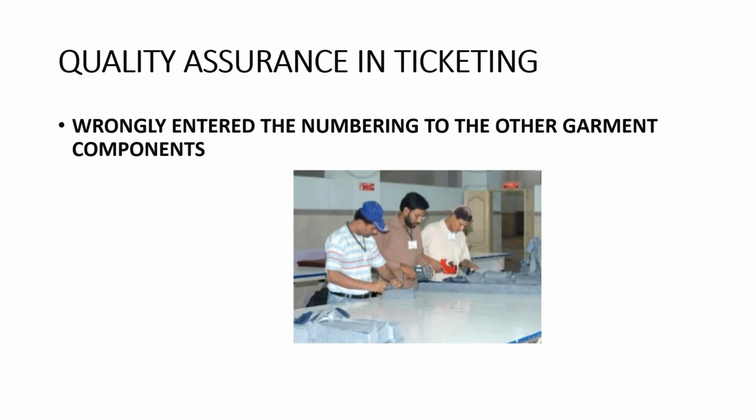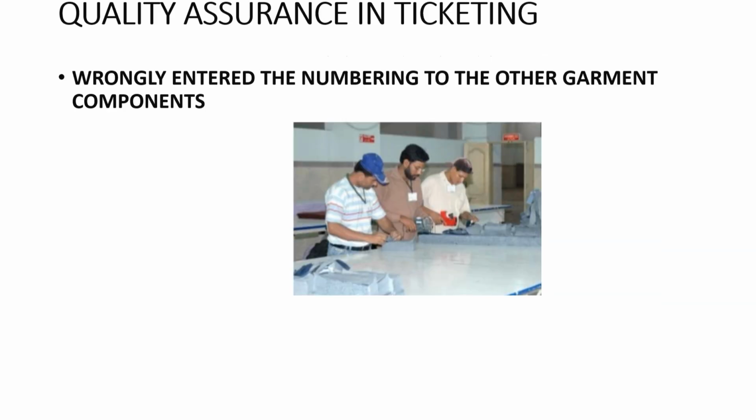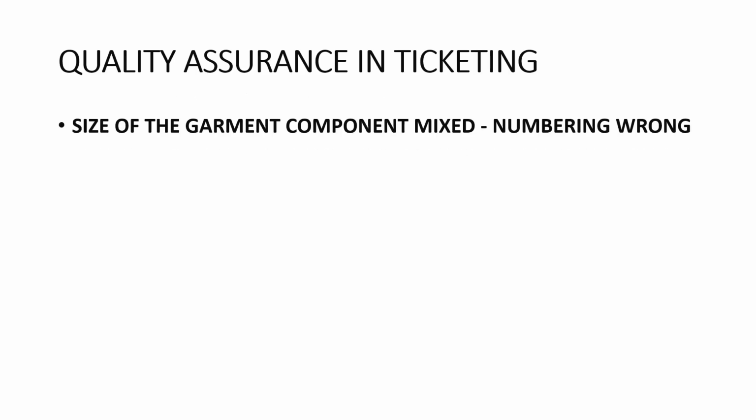And these operations like bundle ticketing play a major role in quality control of a garment in an industry. Now quality assurance in ticketing also takes care of the size of the garment component. And if those sizes like small size, medium size, large size are mixed together, what will happen? Numbering will be wrong if that is mixed together.